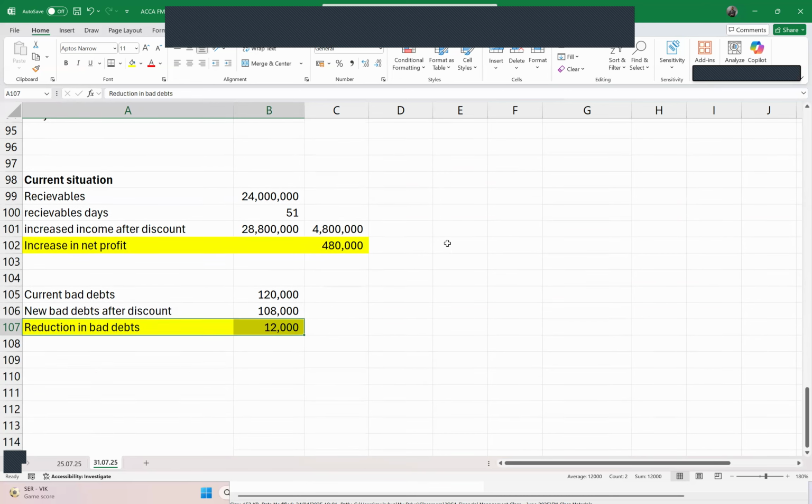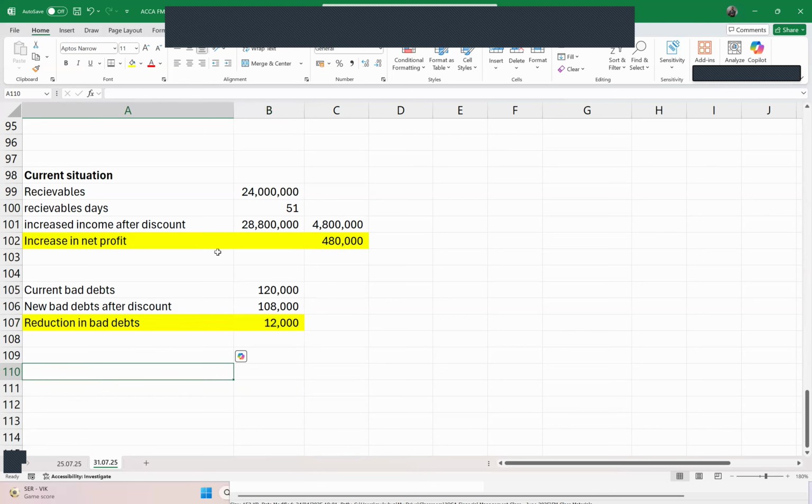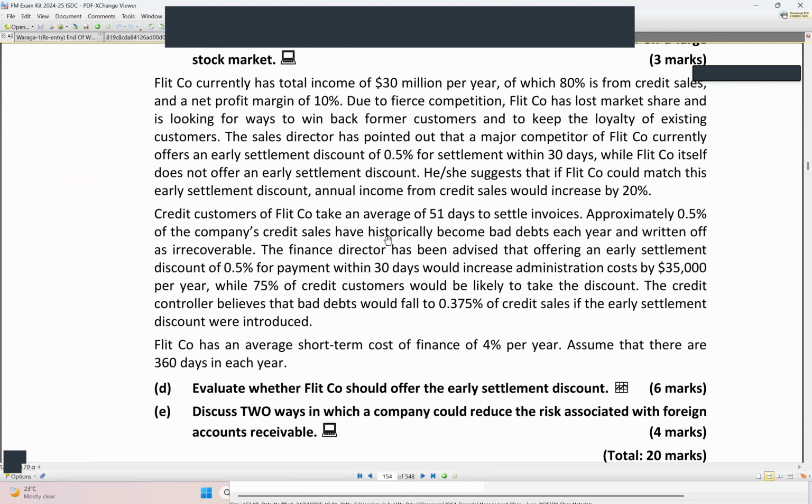And now, also, since the receivables have increased, there will be an increase. Okay? Because you see, right now the receivables is 24 million. That's the receivables.